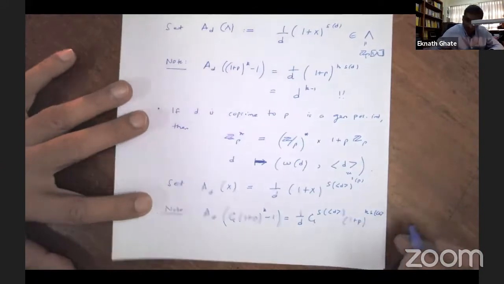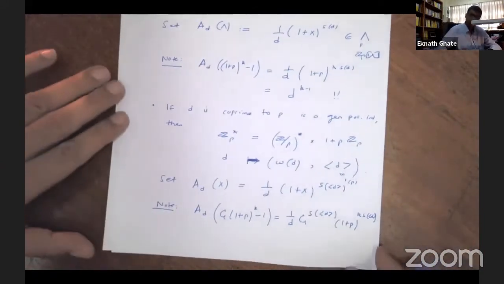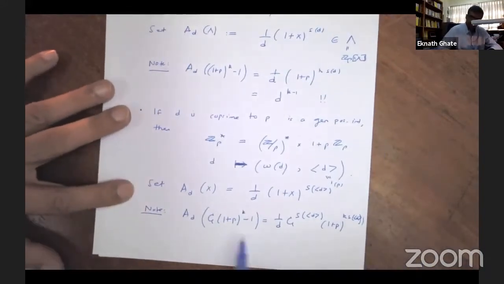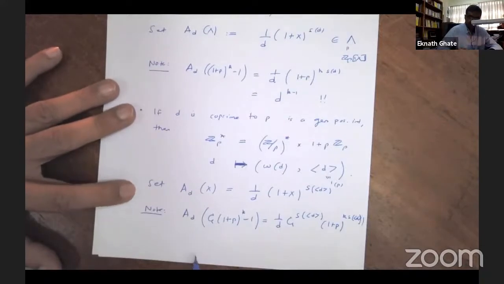Oops, something went off the page. I hope you can see that. I should be writing bigger here. So all I did is I specialized 1 plus x at zeta times 1 plus p to the k. In other words, x at this thing minus 1. Okay, so this is just plugging in, and that's a definition.